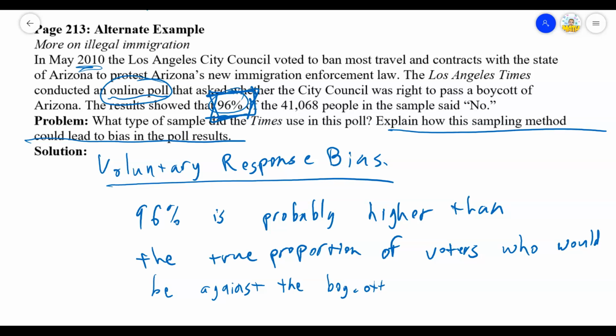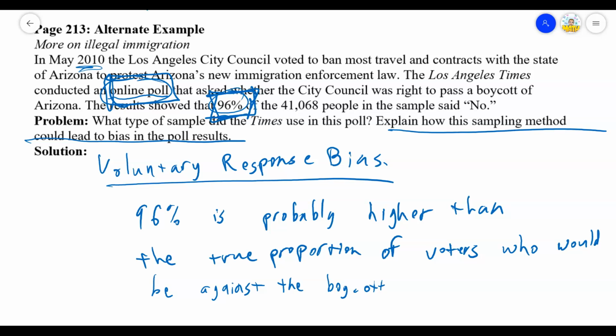Undercoverage happens, and you could also cite this as undercoverage. If you said to me, look, Mr. Dempsey, not everybody's able to even respond to the online poll because they don't have access to the internet or they're not online, in that situation we wouldn't call that voluntary response bias. We would call it undercoverage bias, just like Dewey and Truman. The Dewey-Truman situation was people that didn't have phones still were going to vote.